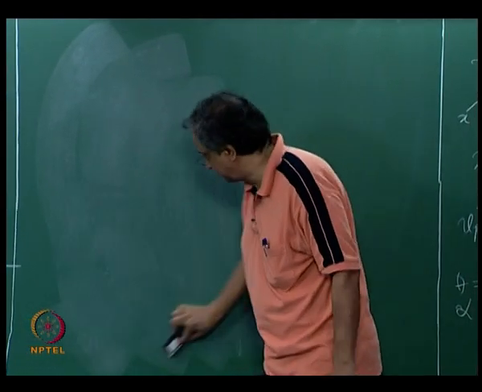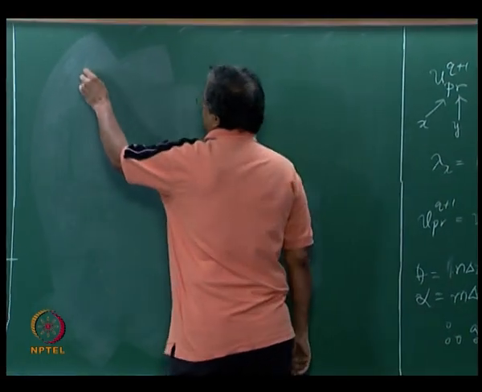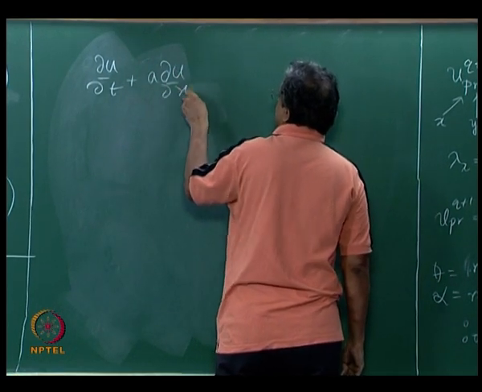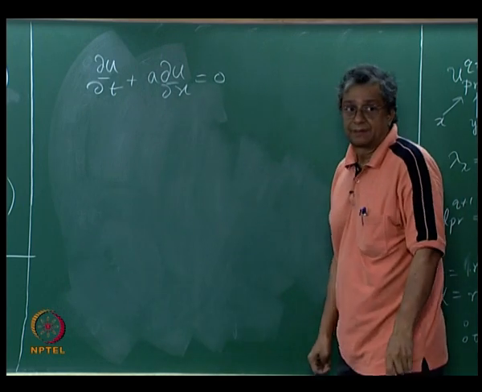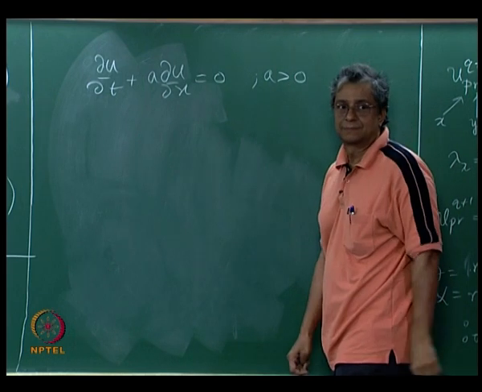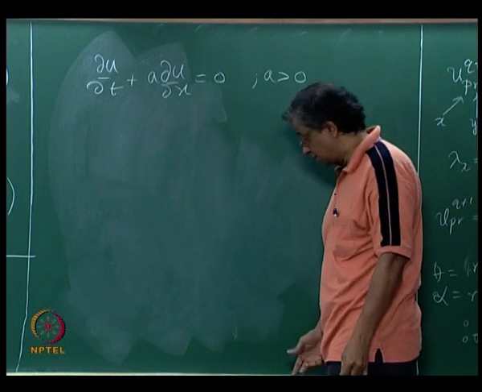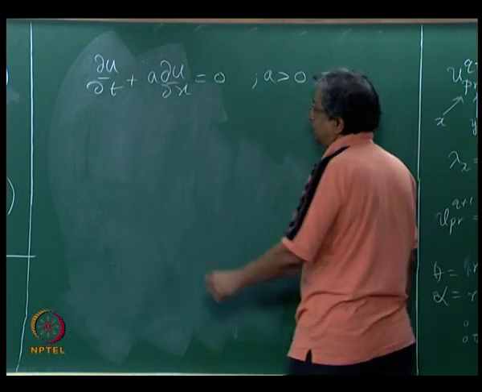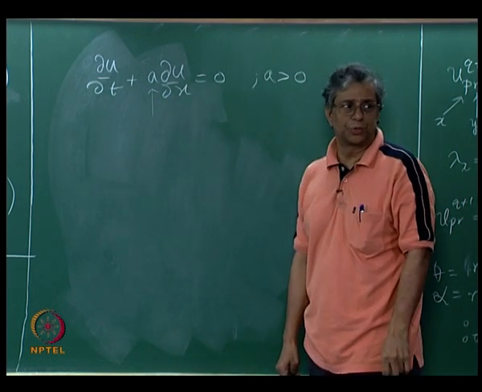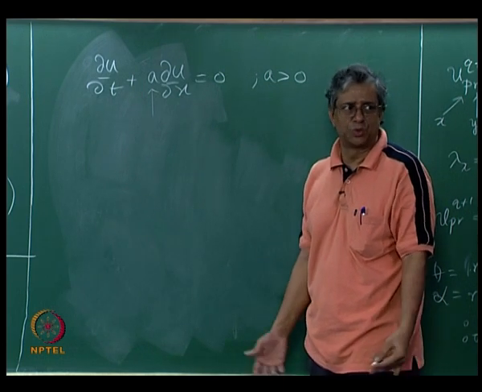What if you had ∂u/∂t plus a ∂u/∂x equals 0, as I have been writing, or what if instead of a ∂u/∂x, you had some u multiplying the derivative?